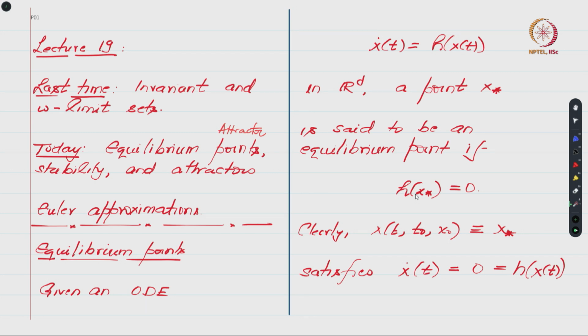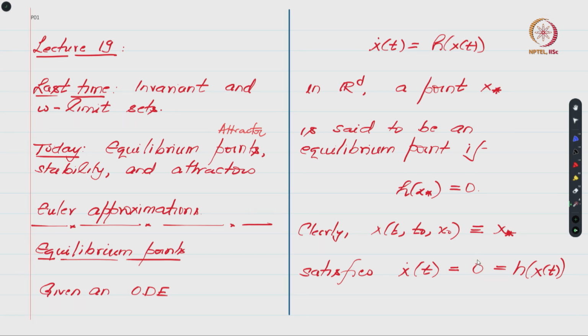This point is special because if you define a function of time t to be equal to x star for all t, then this constant trajectory will actually be a solution of this ODE. This is because if you take the derivative of this with respect to t, from the fact that this is a constant trajectory, you will get that this is 0.